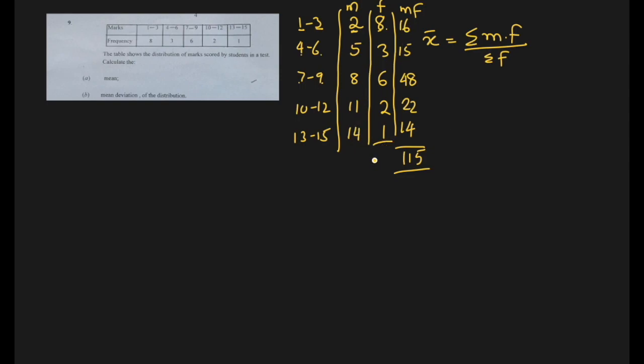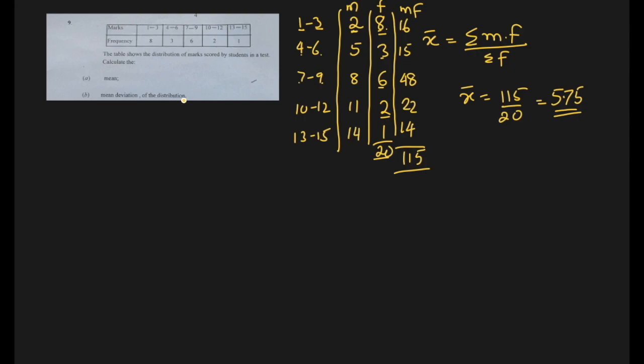Next is the sum of the frequency. It is 8 plus 3, 11, 17 plus 2, 19, 20. So now our mean value becomes 115 divided by 20, 5.75. This is the mean.